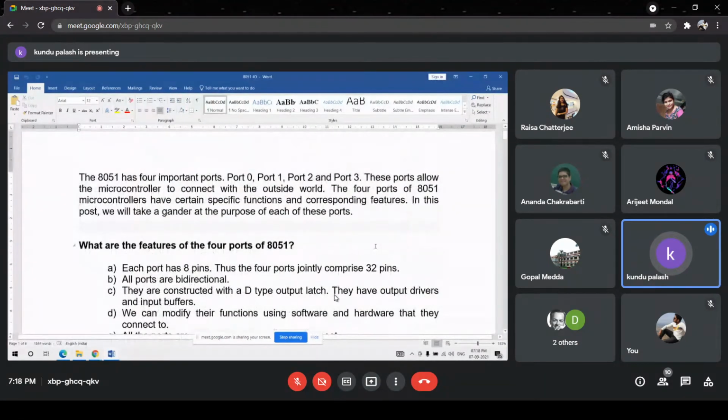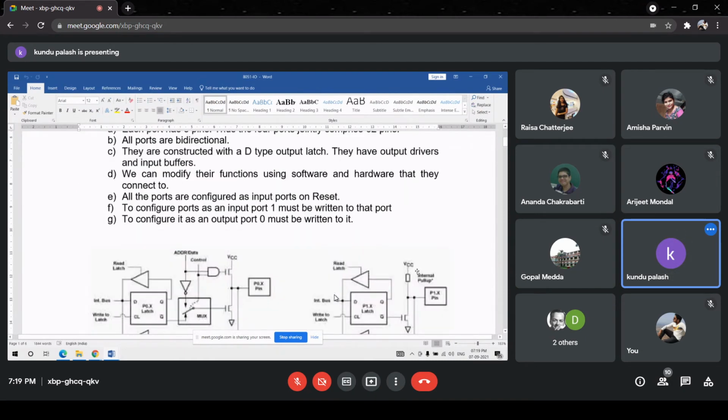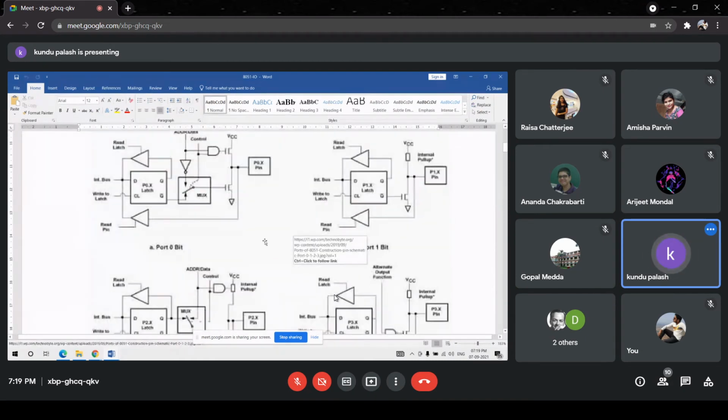So 8051 has important ports P0 to P3. These ports allow the microcontroller to connect to the outside world. The 4 ports of the 8051 microcontroller have certain specific functions and corresponding features. In that area, we have to learn the nature of the IO port.